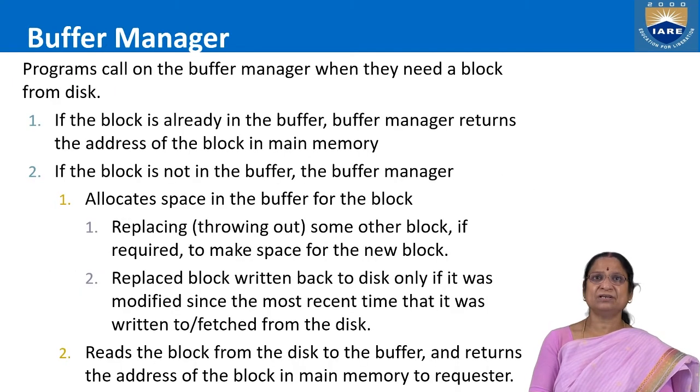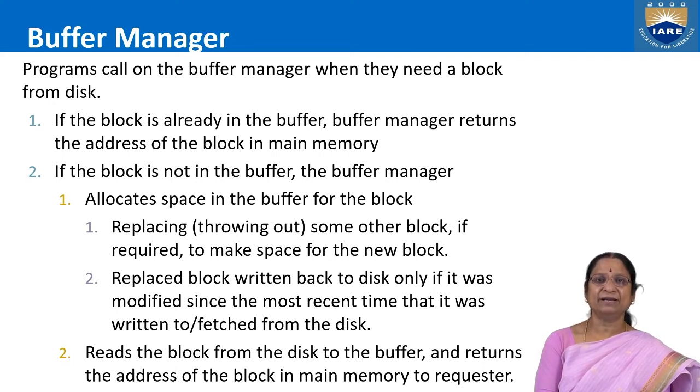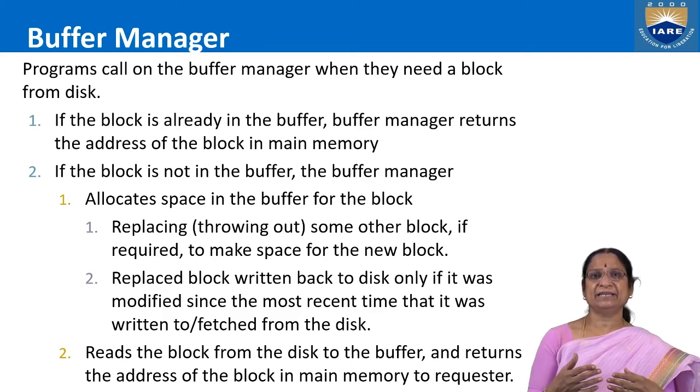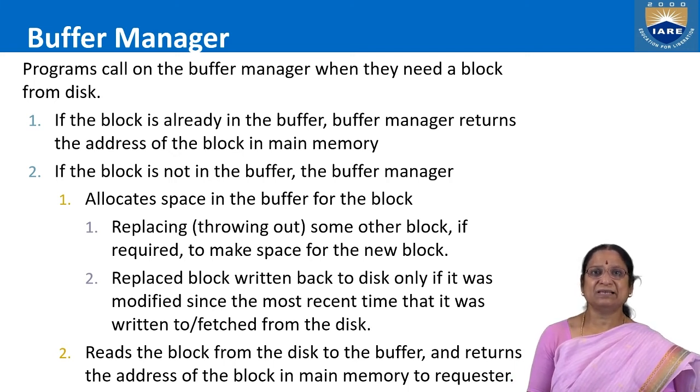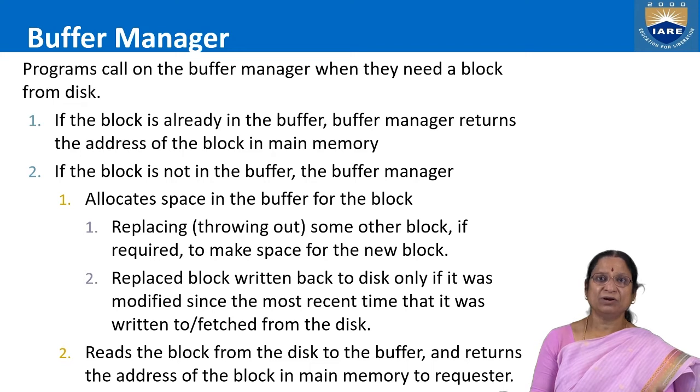Programs call on the buffer manager when they need a block from the disk. For example, while writing a program, I may request some input data. When I use a reading statement, the data has to be read from our secondary storage device, that is, the database. If a program needs a block from disk, the buffer manager first checks whether the block is already in the buffer, that is, whether the respective data is there in the buffer or not.